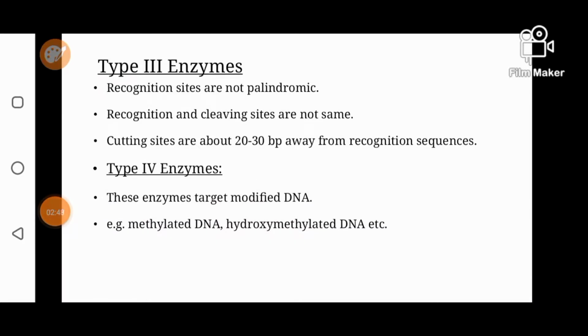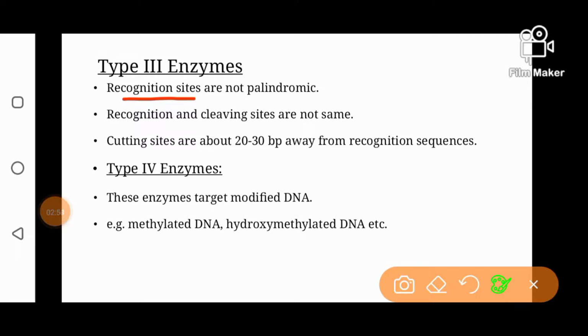Type 3 enzymes now. Type 3 enzymes also recognize recognition sequences that are not palindromic. Their recognition and cleaving sites are not the same, because they cut DNA about 20 to 30 base pairs away from their recognition sequences, from their restriction sites.